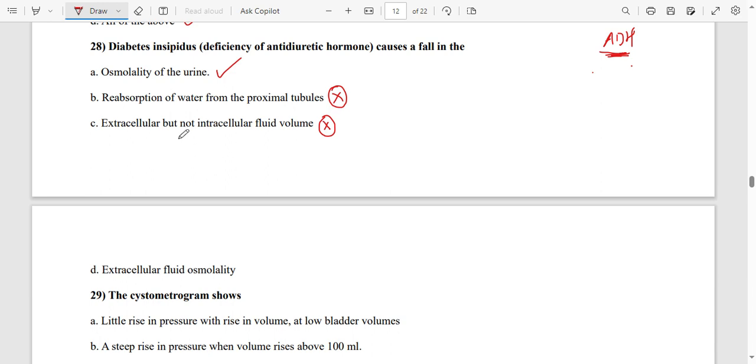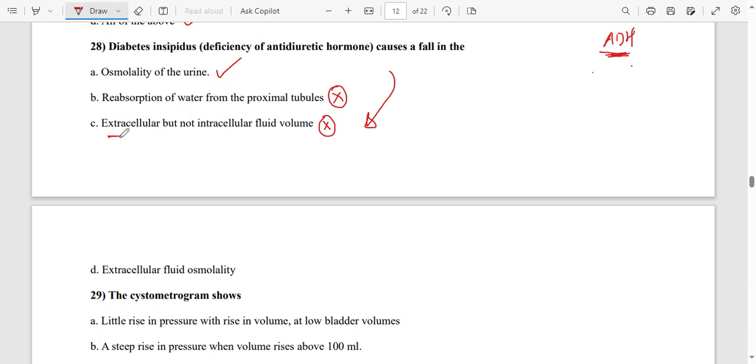Water can no longer move from the tubules into blood. So the concentration in the blood is actually increasing because you're not having water there, right? And so water will start moving from the cells into ECF. So it's not a fall in ECF.